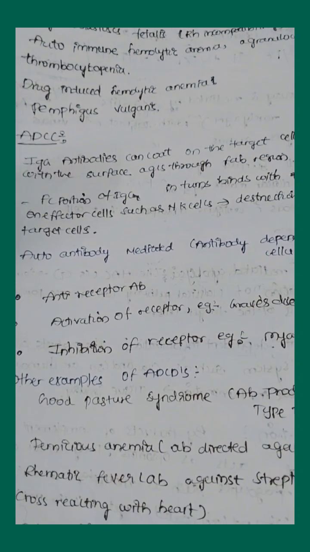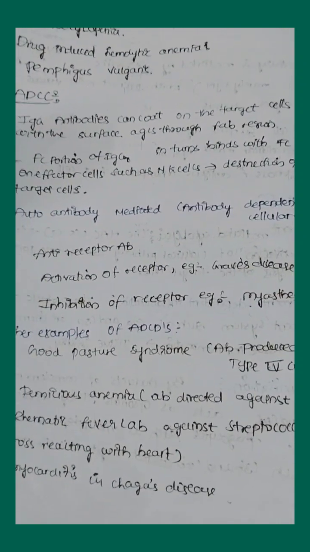Other examples, what are the other examples? Goodpasture syndrome. In Goodpasture syndrome, antibodies will be produced against type 4 collagen.